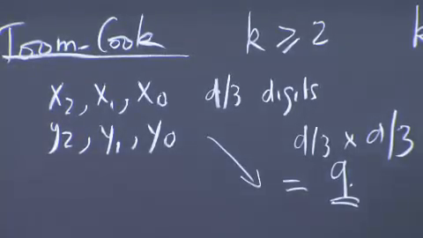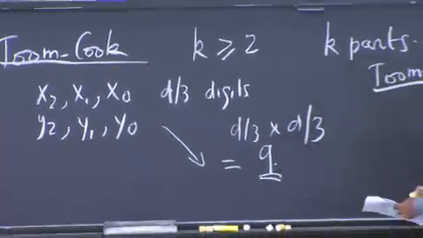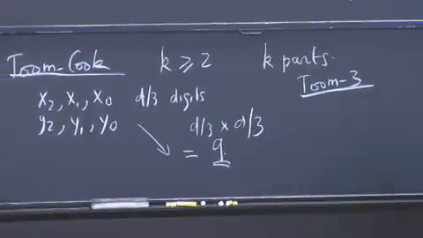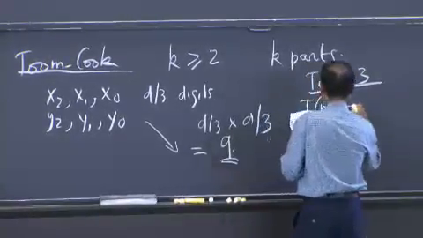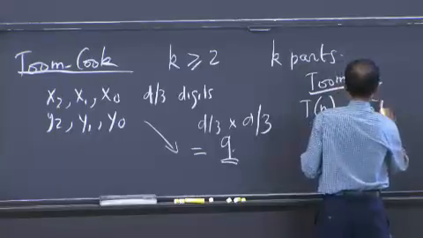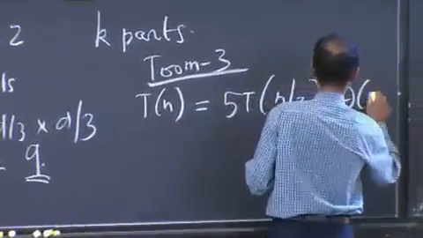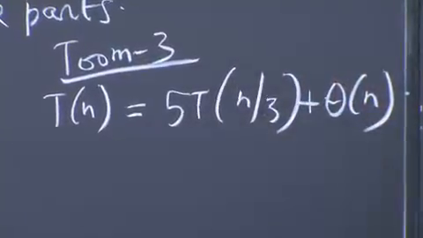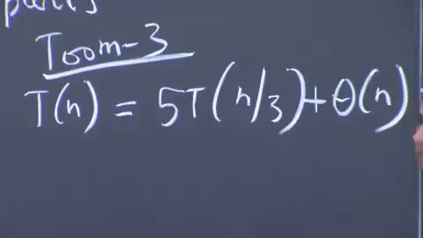And it turns out that Toom-3 plays some arithmetic games, and ends up with a recurrence relationship that looks like this, where you reduce the 9 multiplications down to 5.